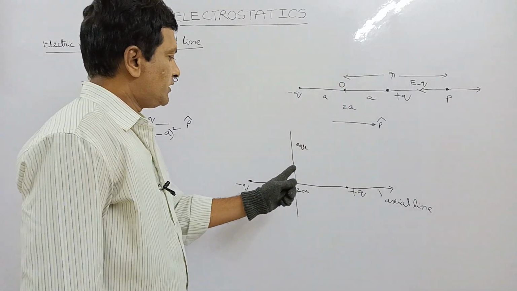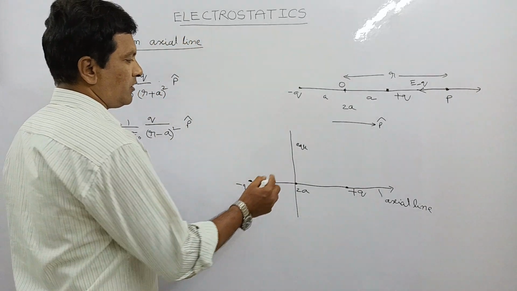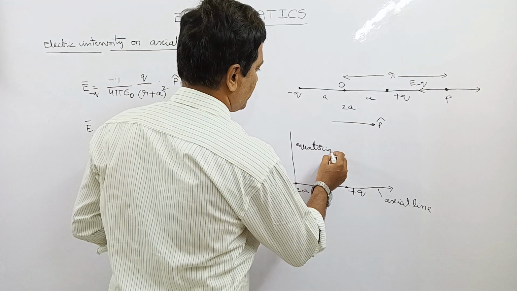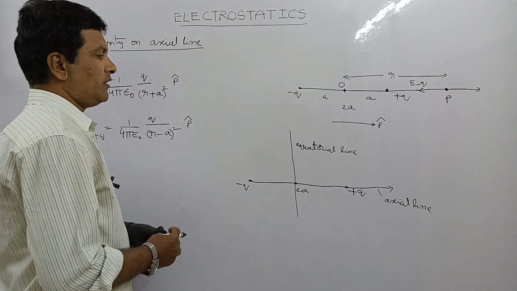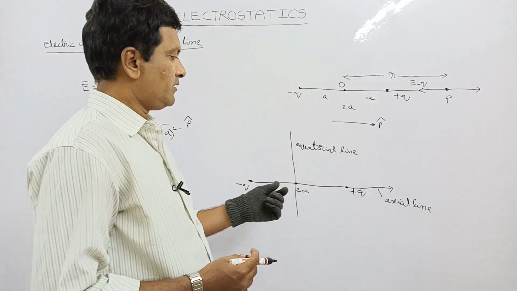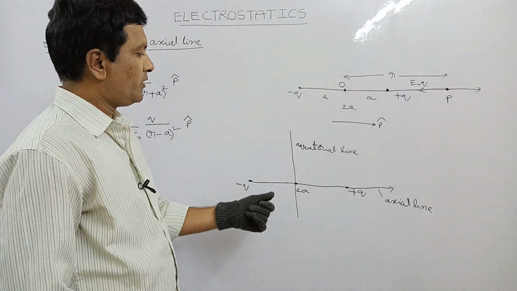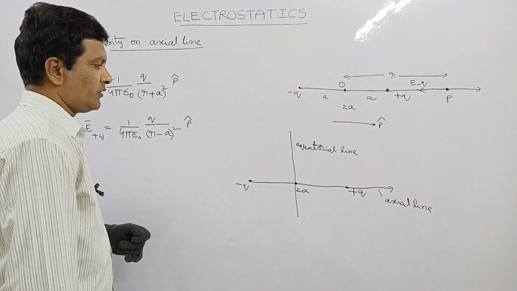A line passing through the center of dipole and perpendicular to the length of the dipole is called equatorial line. Now we will calculate the electric intensity on a point which is there on axial line and on another point which is there on equatorial line.